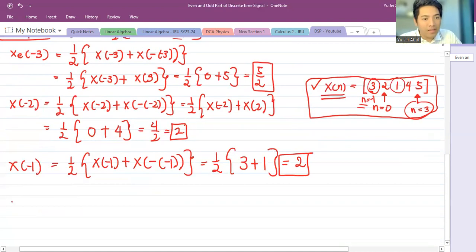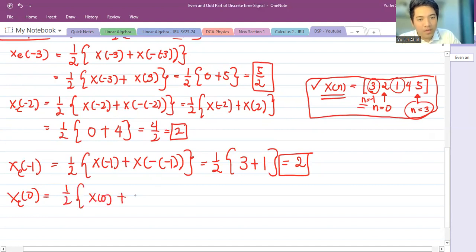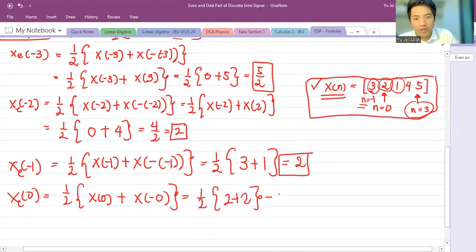How about x of 0? This is all for the even part. So you have 1/2 [x of 0 plus x of the negative of 0]. x of 0 is 2, of course. So the amplitude at n equals 0 is 2. Negative 0 is still 0, so that's 2 still. So 4 all over 2 becomes 2 again.